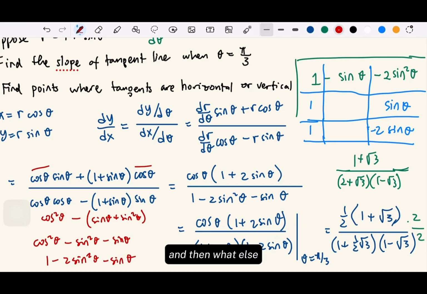And then what else? 2 minus 3, which is negative 1, right?